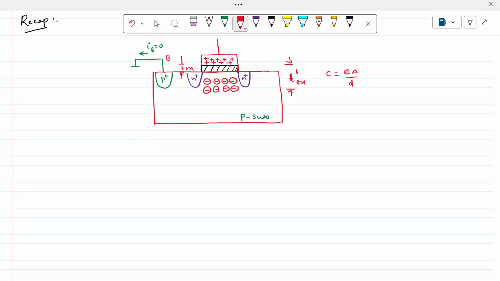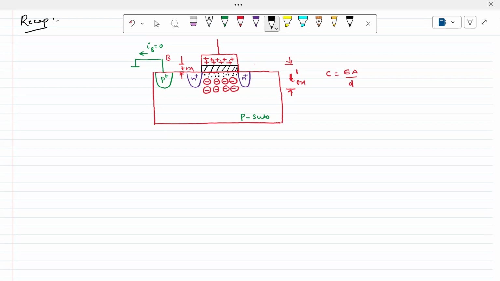But definitely the electric field has to produce equal and opposite charge carriers between the two plates, right? That's the reason why free carriers will be available here. So where are these free carriers coming from? These free carriers are coming from the N plus region.